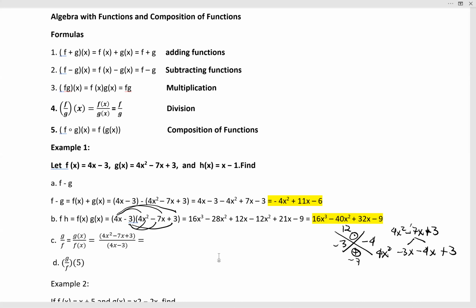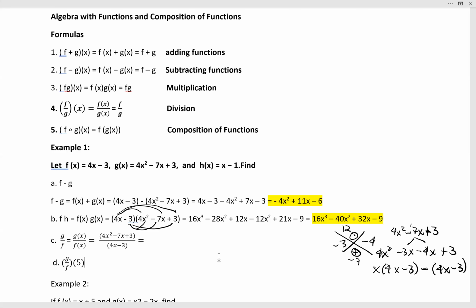And now I'm going to use the grouping method in order to factor these four terms. So the first two terms will give me the greatest common factor x. So x times 4x minus 3. And then the next one, I'm going to factor negative out. So we're going to have 4x minus 3.